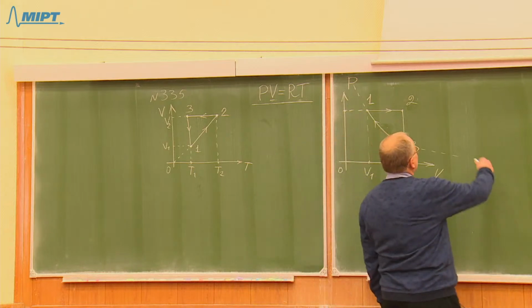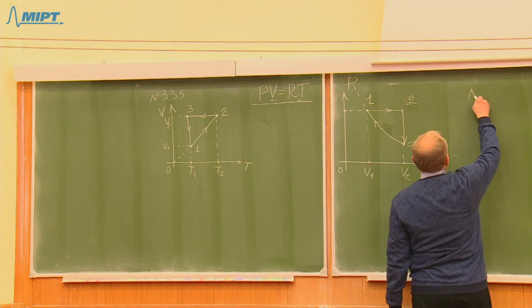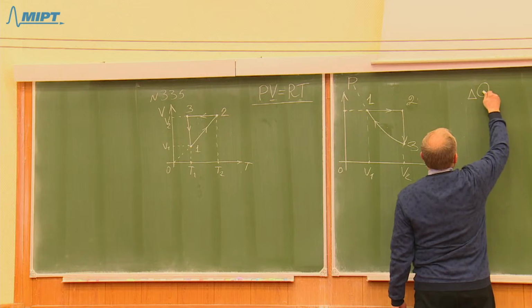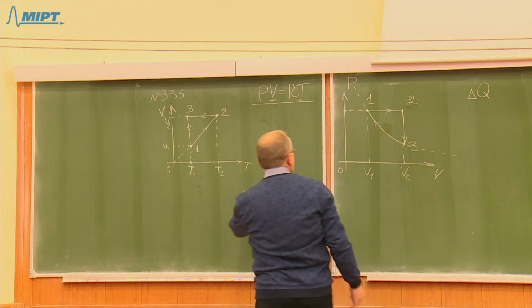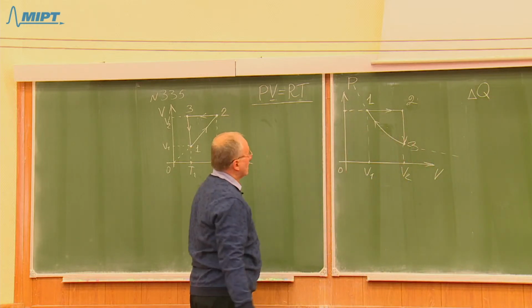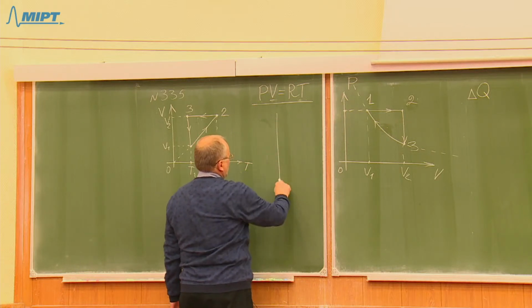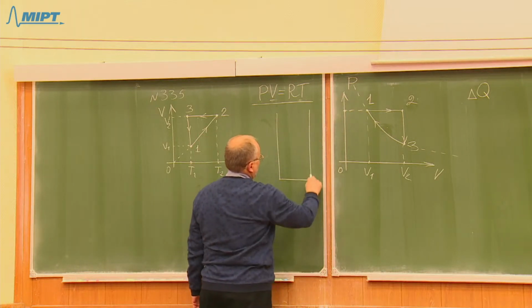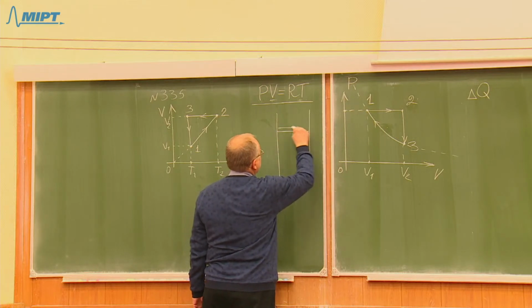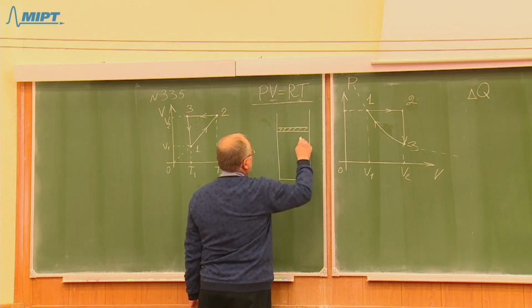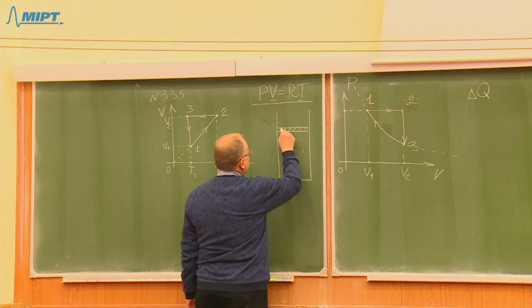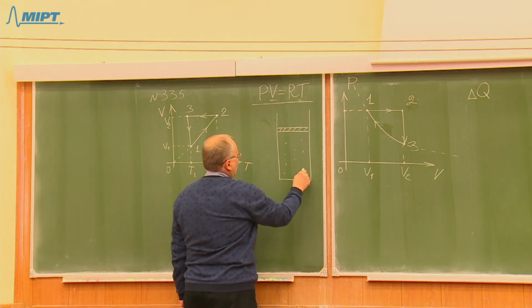So if we have some amount of heat energy, how can we understand what happens in this case? We must imagine a cylinder and some gas under a piston.